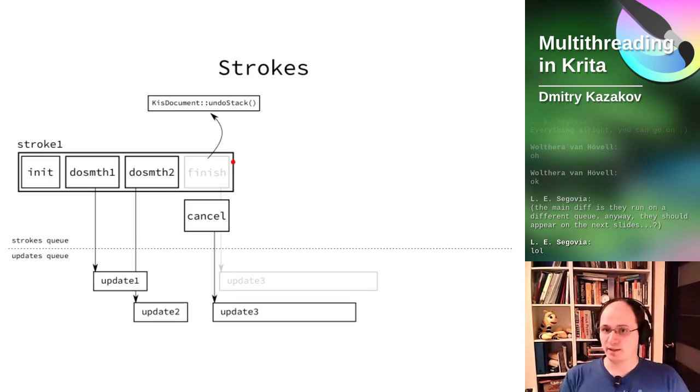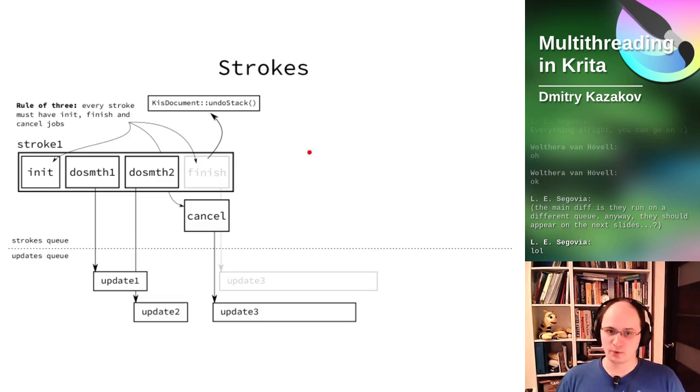For example, if you started a very long operation, for example converting the color space of a very huge image, and you don't want to wait for the end, you press escape, and a cancel job will be added to the stroke, and it will undo everything that has been done in these three initial jobs. Cancel job can also start any updates, obviously.